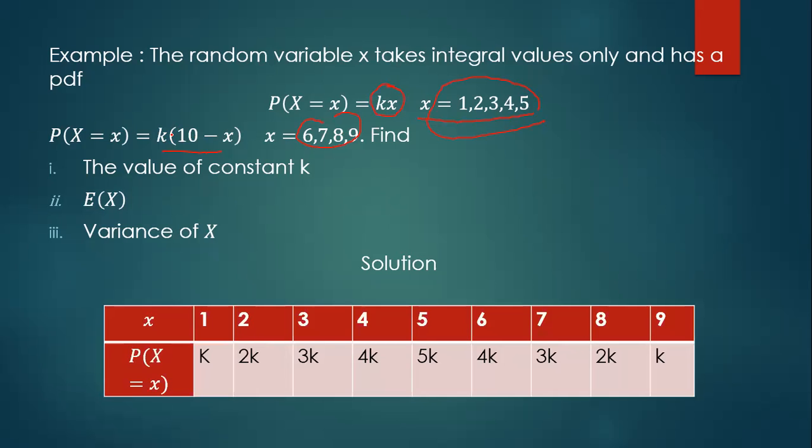So it is better to draw a table. So when we draw a table, this would be x, which we are saying runs from 1 up to 9. But from 1 up to 5, we are going to substitute in kx. So when x is 1, what would be the probability?